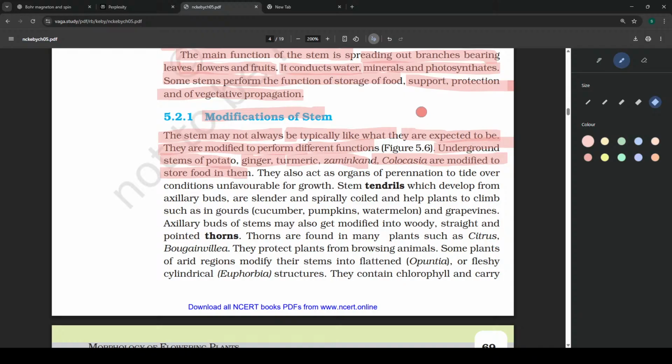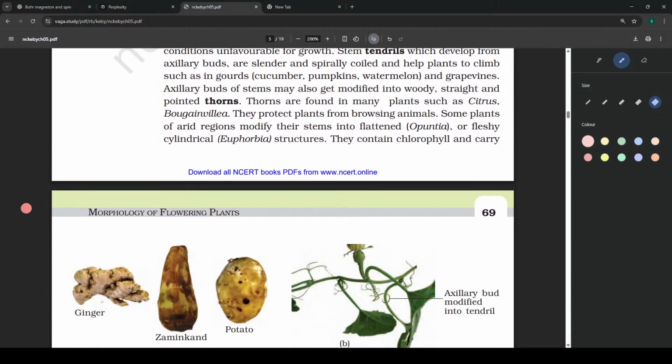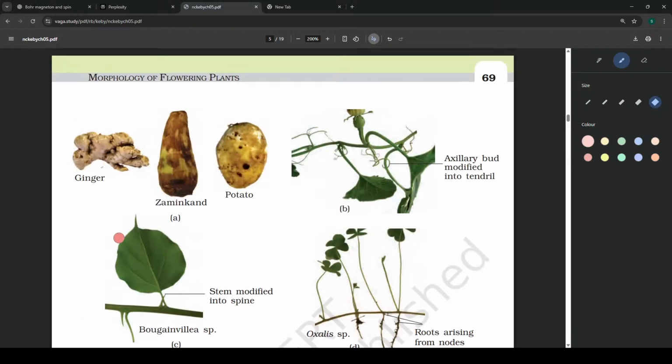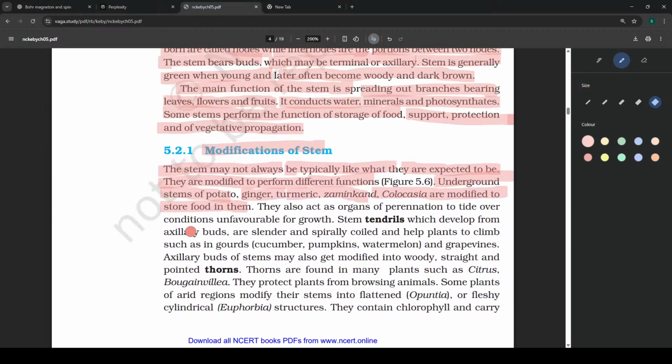Basically, we know potato grows underground. Potato is a vegetable, but it is not similar to carrot and radish. It is not growing from root, but from a stem tuber, what we call. A potato is a tuber formed from the stem. It acts as a storage.